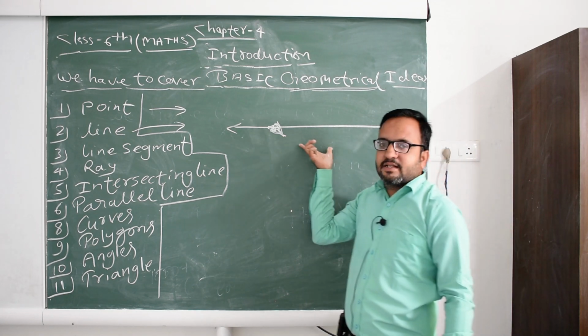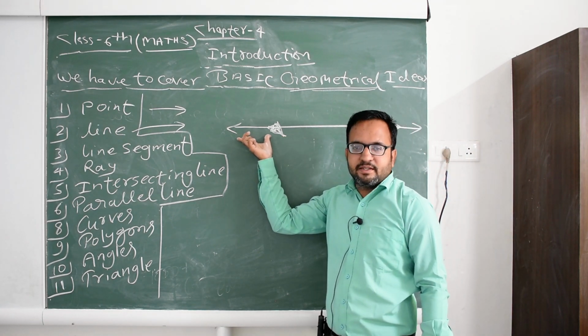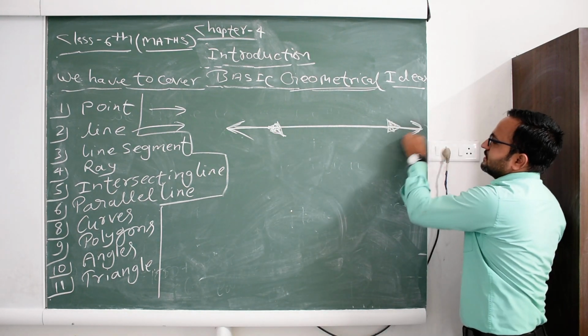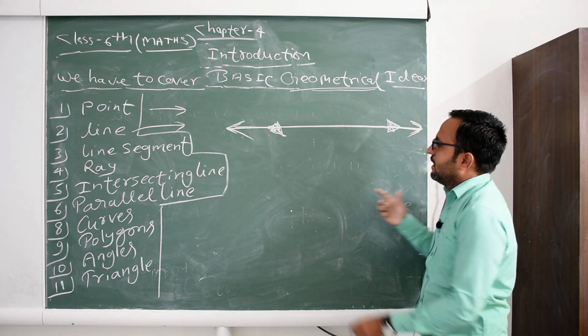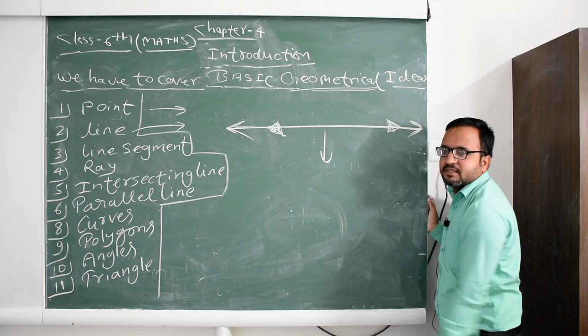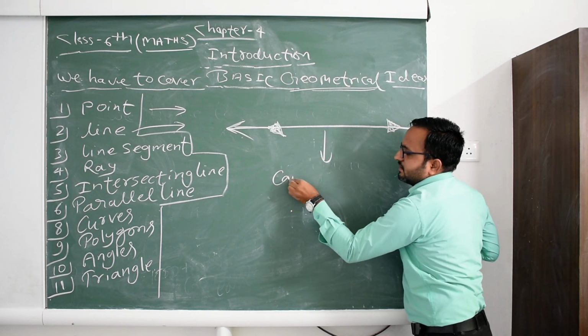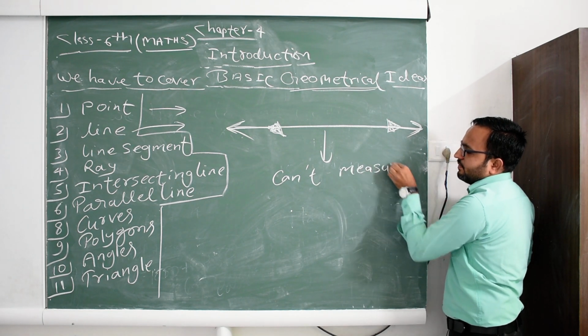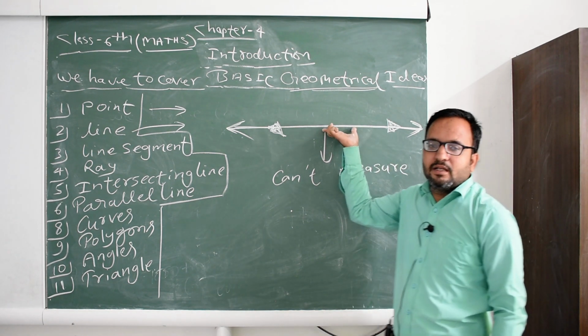We extend this line in this direction, and also in this direction. The quality of this line is that it cannot be measured. We can't measure this line.